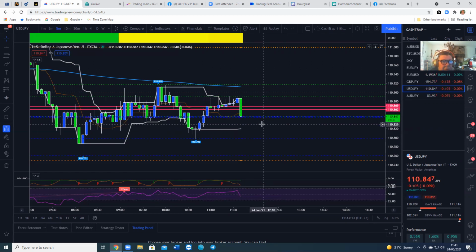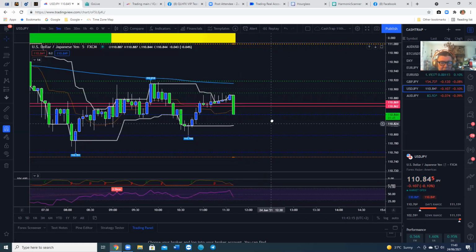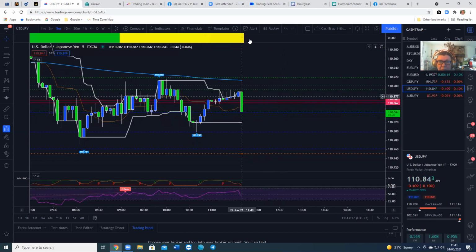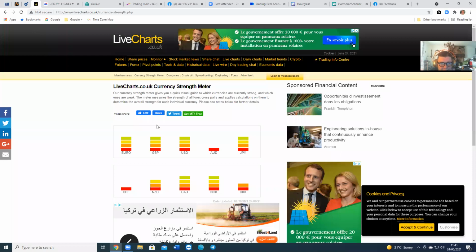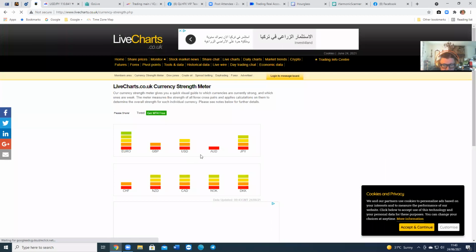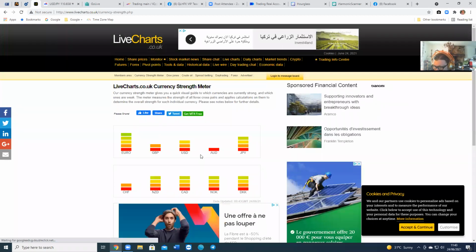Sometimes you just can't legislate for this sort of thing. Price will do what it wants to do. But that was a good trade idea, the one on the 40 minutes. Still got it weaker, and Australian dollar still a lot weaker.